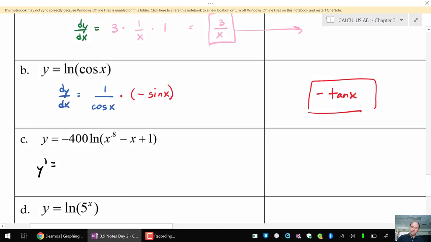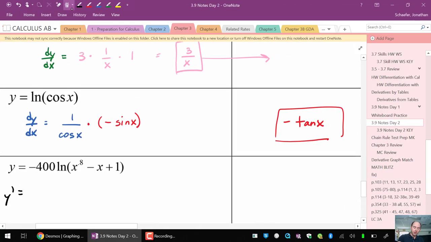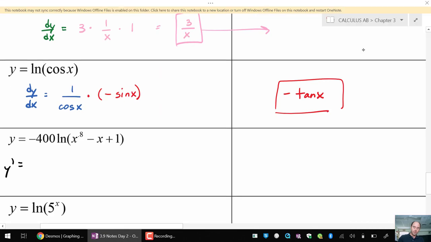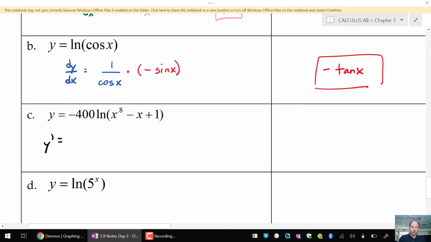What about if the argument is a polynomial? So next one down here, y prime, a negative 400 is my multiplier. So I'll move that off to the side. Here comes the natural log piece. So 1 over x to the 8th minus x plus 1, and then multiply that by the derivative of the argument. So kind of a big 8x to the 7th minus 1.